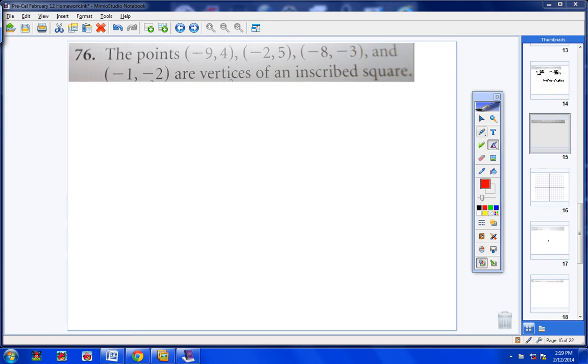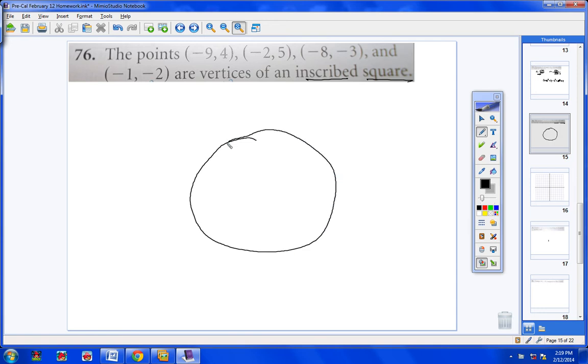Alright, number 76 is a little more of a challenge. Let's see if we can figure this out. They give us 4 points, and they tell us these 4 points are vertices of an inscribed square. Now, if you have forgotten from geometry, or if you've not had that class yet, the key phrase there, inscribed, means the square is inside the circle in such a way that the vertices, or in other words, the corners, of the square lie on the edge of the circle.